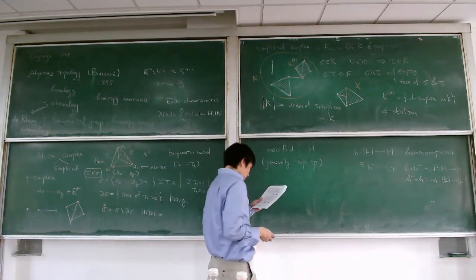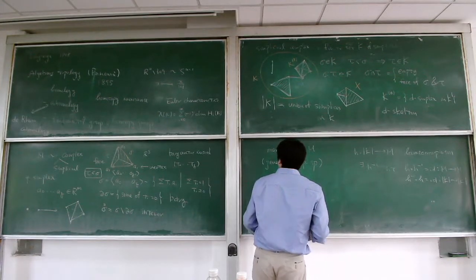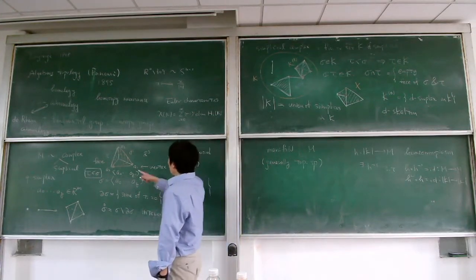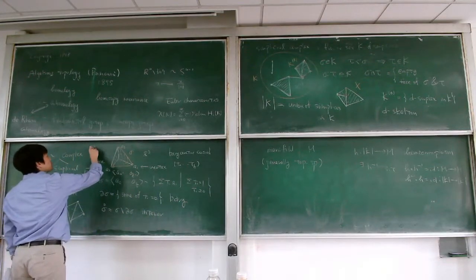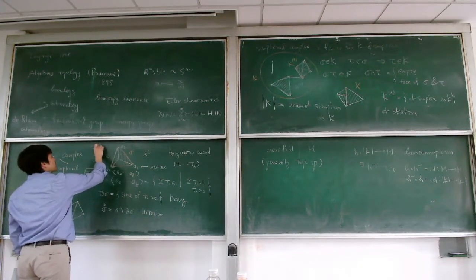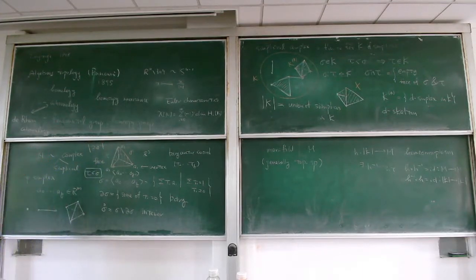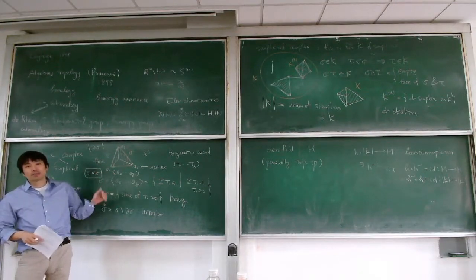Okay, so let's consider, for instance, the boundary of this one. The boundary of this is a finite set of 1-simplices.